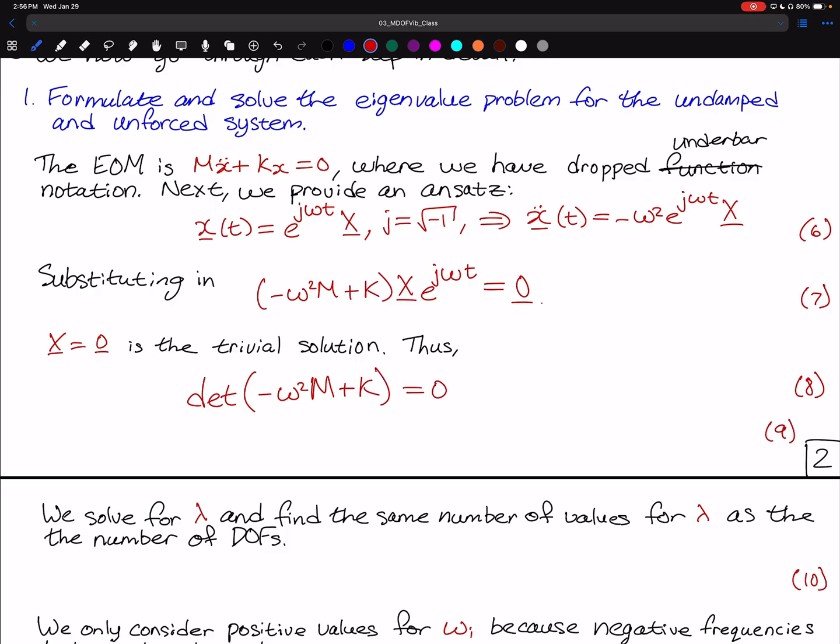And this is where we're going to get our characteristic equation, which will be of the form some constant a_n times omega to the 2n plus dot dot dot plus some constant a_1 omega squared plus some constant a_0 is equal to 0.